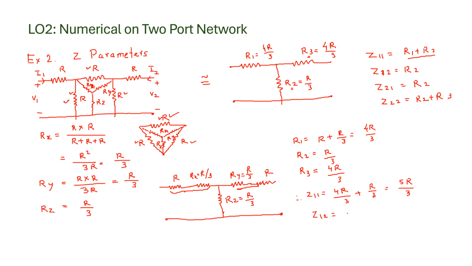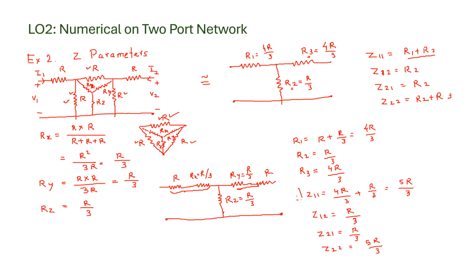Z12 is the R2 value, which is R by 3 only. What is Z21? Z21 is equal to R2, and the R2 value is R by 3. Then Z22 is again 5R by 3, which is R1 plus R2.